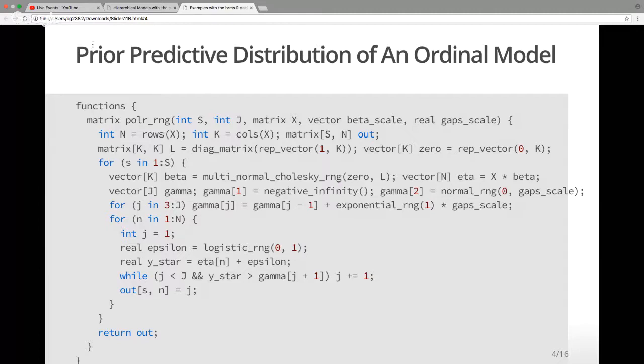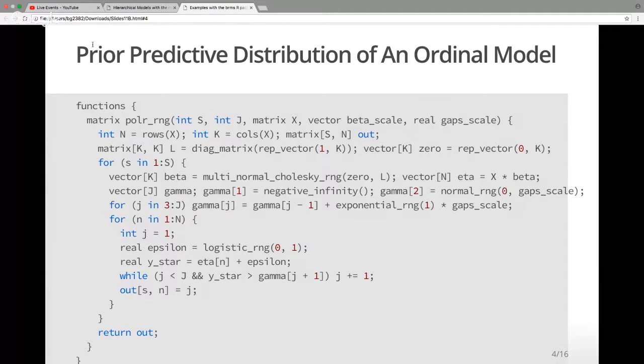We initialize j to 1. We draw the error from the logistic distribution with scale 1. We create utility for the nth person by taking their linear predictor and adding on the realization of the error. And then we do a loop.